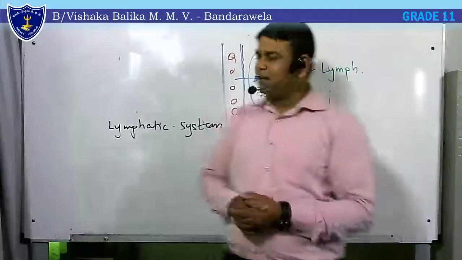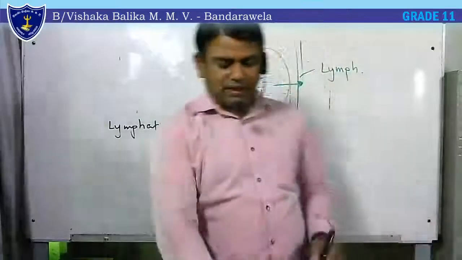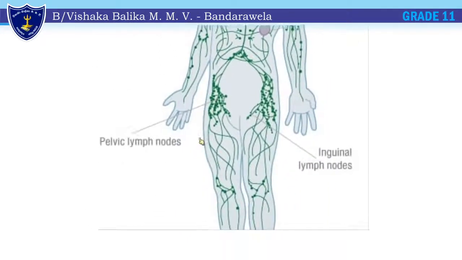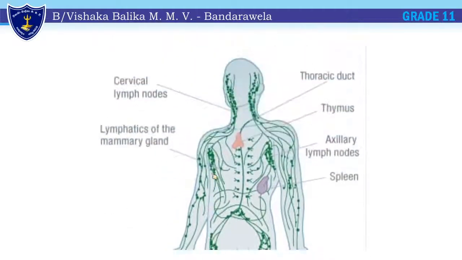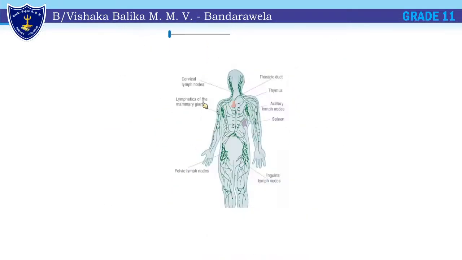So, the lymphatic system is a dedicated system to provide immunity, and it seems like this. Through the image, you can see the appearance of the lymphatic system, and lymph vessels spread like that. I will show you another image here. One more.